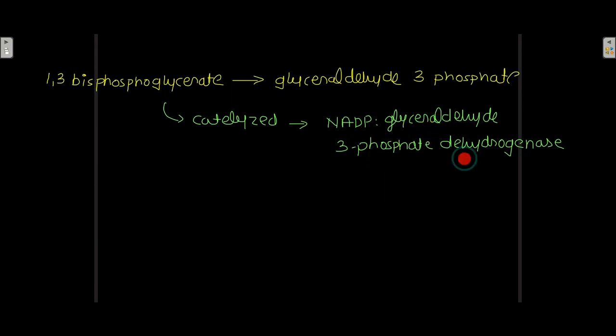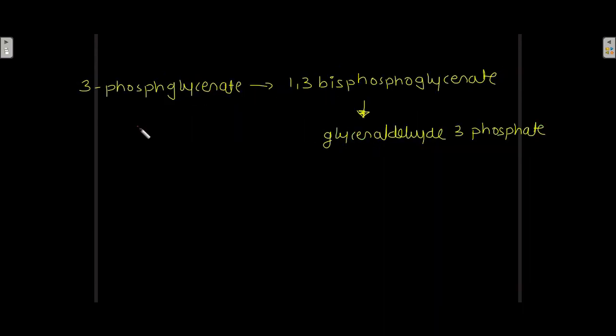Okay, this enzyme reduces this to this. So 3-phosphoglycerate is first phosphorylated to form 1,3-bisphosphoglycerate, and then this 1,3-bisphosphoglycerate is reduced to form glyceraldehyde 3-phosphate. Okay, this is what takes place in the reduction phase of the Calvin cycle.